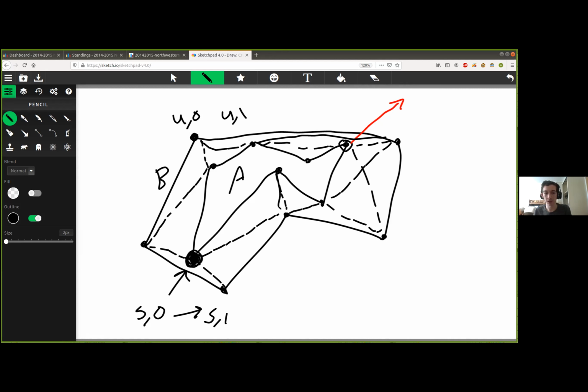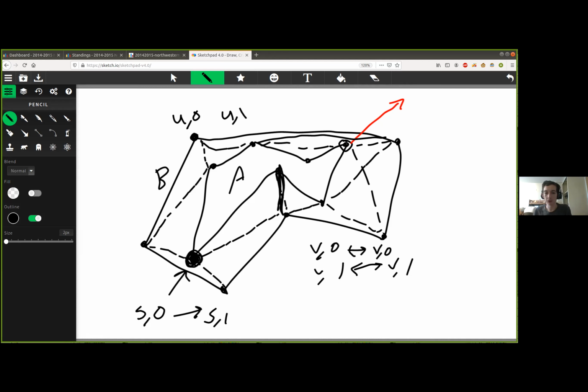Most segments, if a segment doesn't cross the ray, then it connects V0 to V0, and it connects V1 to V1. So if it doesn't cross the ray, then nothing changes.